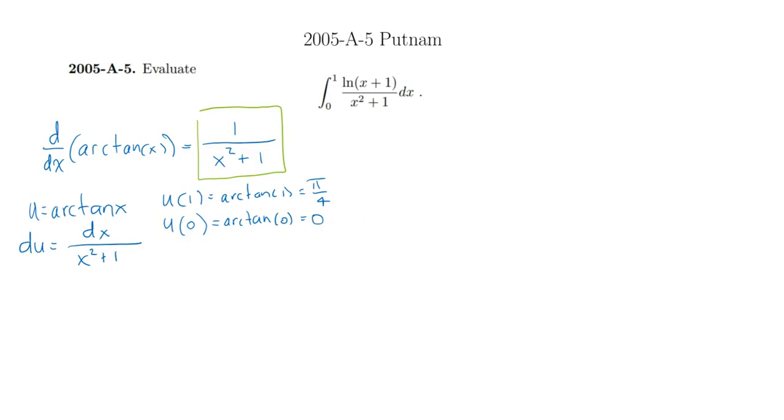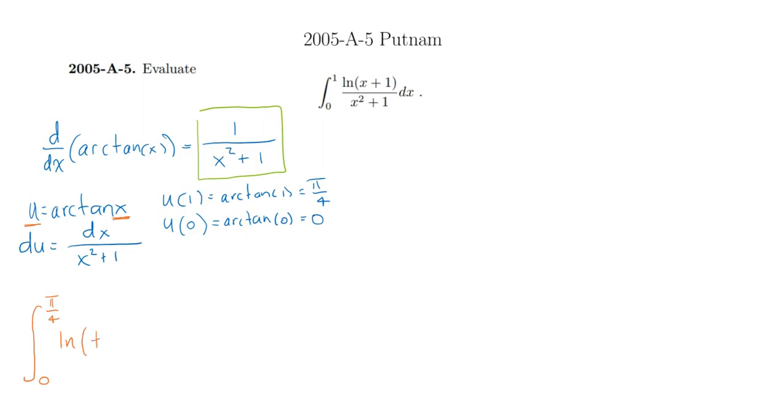And now we have the integral from 0 to pi over 4 of ln of, well, what is our x? Up here, our u is equal to the arctangent of x, which means that our x is going to equal the tangent of u. It'll be the other way around.